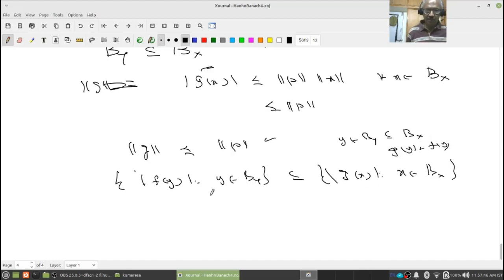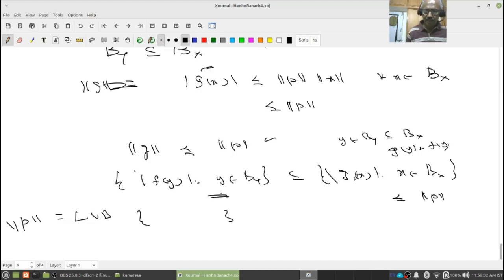Therefore, this set of real numbers is a subset. But LUB of this subset is already norm f, and this LUB of this set is less than or equal to norm p.